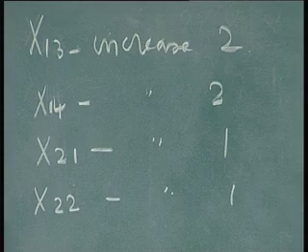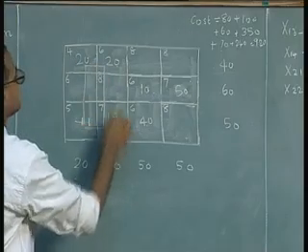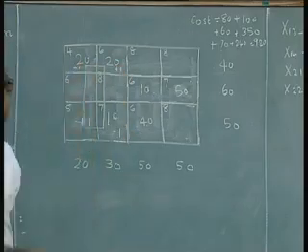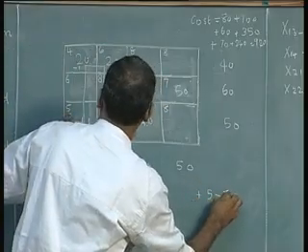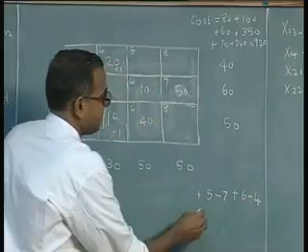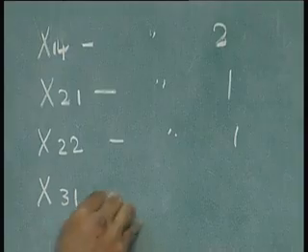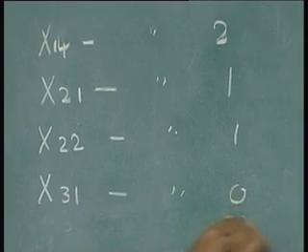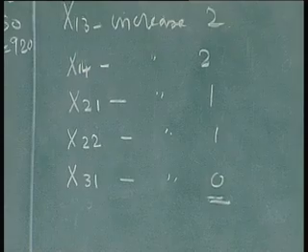We look at this position, so we put a plus 1 here, and the loop is like this, minus 1, plus 1, minus 1. So the effect of it will be plus 5, minus 7, plus 6, minus 4, this will become 0. So x31 would give an increase of 0, and this is the last position that we will look at.